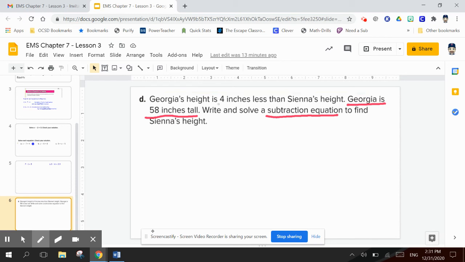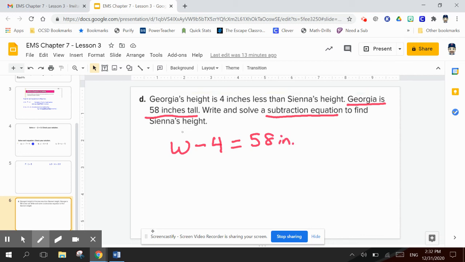And Georgia's height is 4 inches less than Sienna's height. So Sienna's height is my variable because she's 4 inches taller than Georgia. So we're going to subtract: Sienna's height minus 4, and that's going to equal Georgia's height, which is 58 inches.